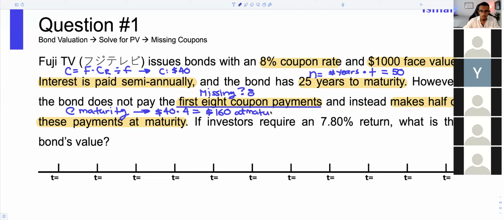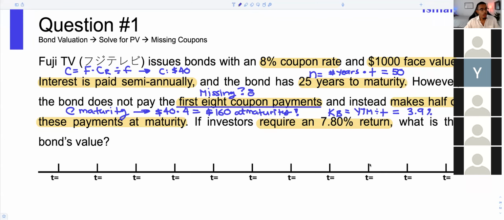That's pretty interesting. Okay, pretty important. And then we're also telling you that investors require a 7.8% return. So in this case, what would be our K if we know that K is equal to the yield to maturity divided by frequency? Exactly, Marianne, it is 3.9%.